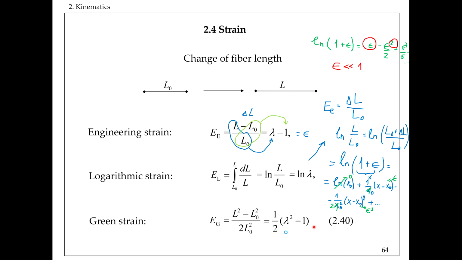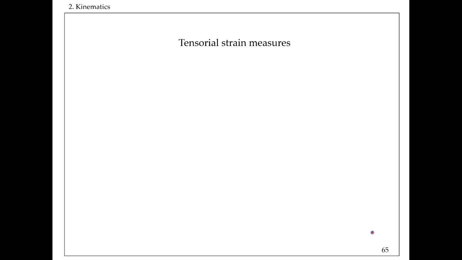into 3 dimensions, and so that's our next order of business, to write it not as a scalar in 1 dimension, but rather in tensor notation. So in tensor notation, strain measures will be applicable for the three-dimensional formulations.